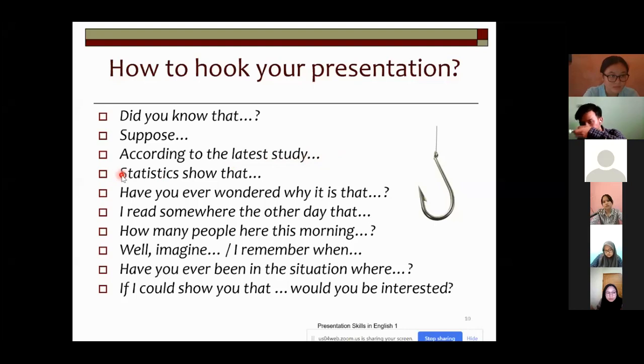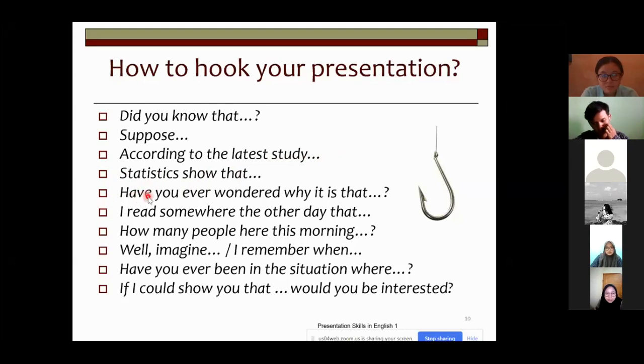Or the fourth one, ladies and gentlemen, statistics show that. It will convince your audience that what you are going to talk about is really scientific, not only a theory, but something that has been proven and researched before.